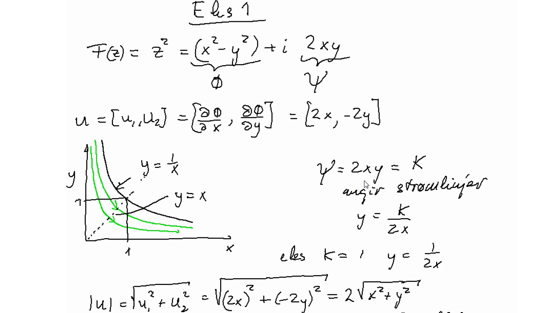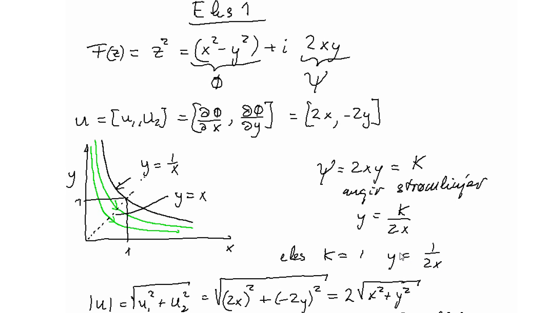We can divide by 2x on both sides and obtain the expression of y in terms of x. So we see that this is a hyperbola for each value of k. We have illustrated it for the case when k is equal to 1 here. And so in this case, y is just 1 over 2x.